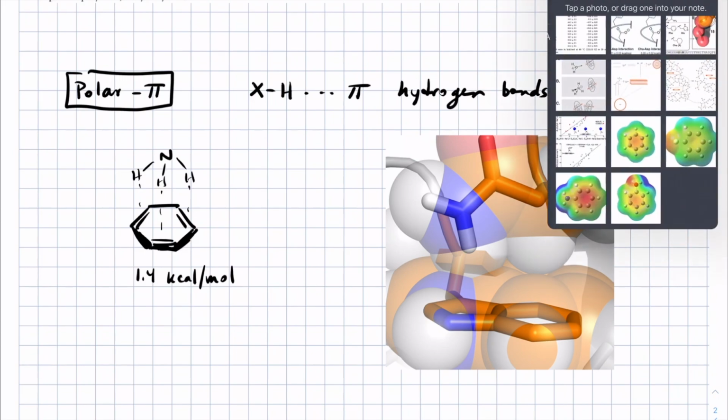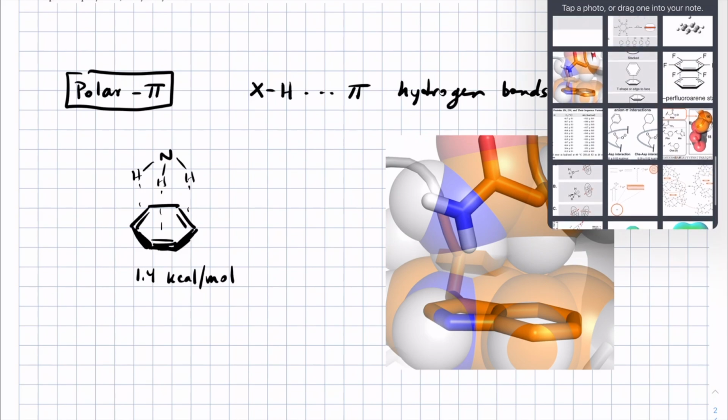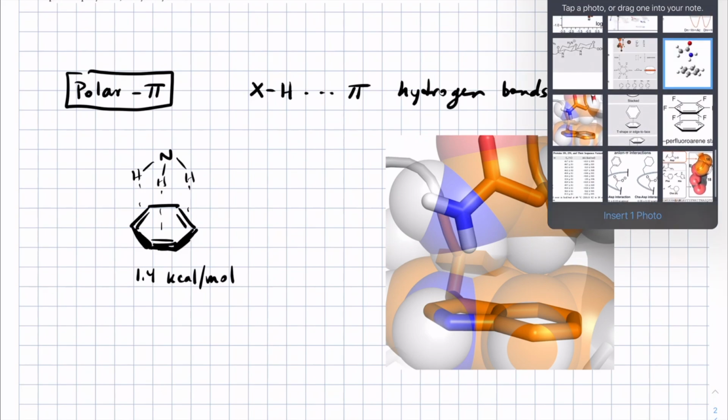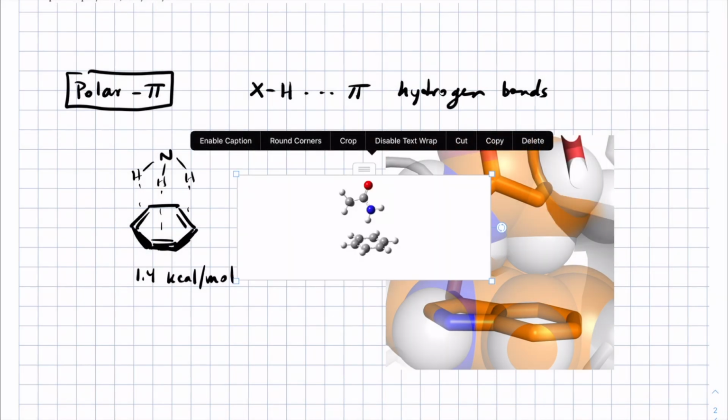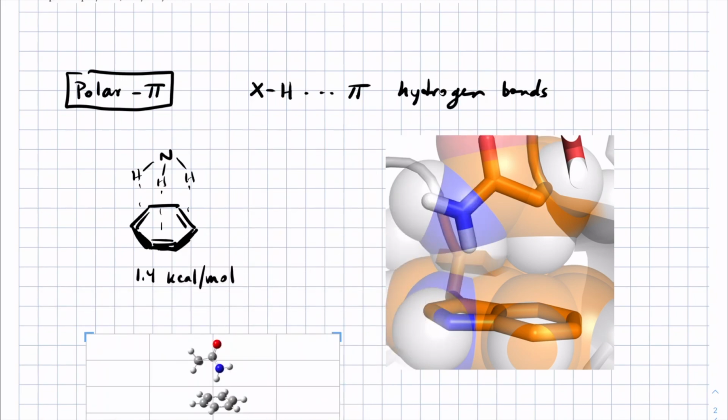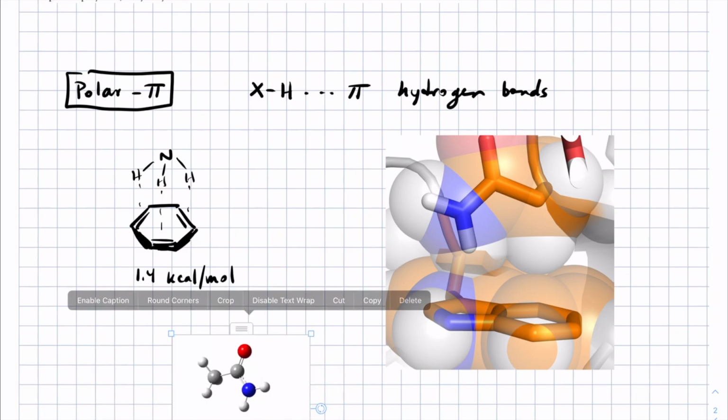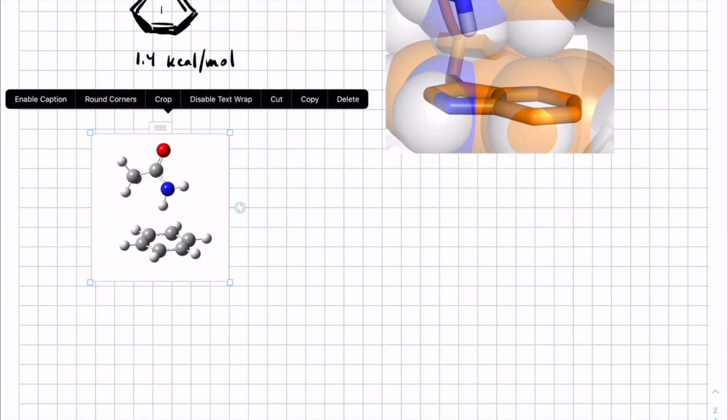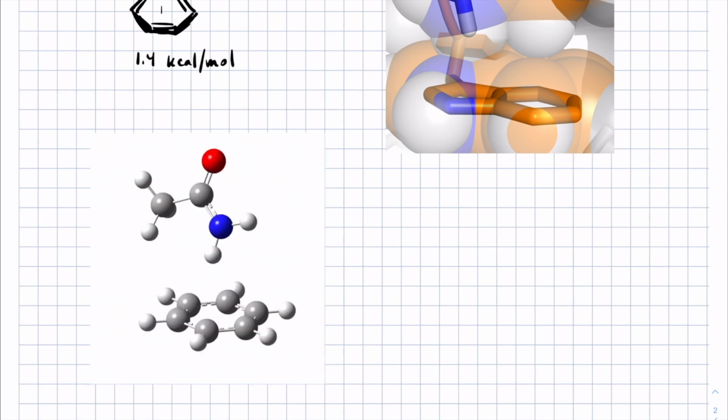In parallel, I've done a calculation on a simplified system. This is benzene and acetamide, optimized geometry. And you have this amide proton pointing down towards this side of the ring.